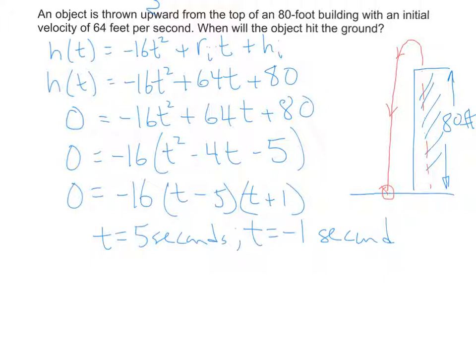If the rocket, 1 second before it was thrown up, had been launched at a higher speed so that it reached the top of this 80-foot building while it was still with a velocity of 64 feet per second, then it would follow the exact same path that it's followed after, as from this problem. But beforehand, it would have been launched 1 second earlier. Now, of course, the upward initial velocity must have been faster than 64 feet per second in order to be still going 64 feet per second at the top of the building as it leaves the building.